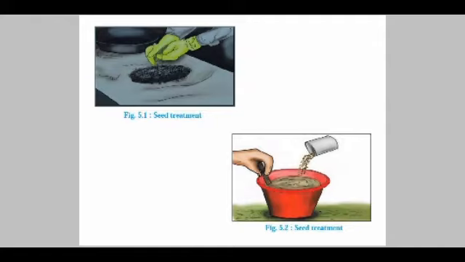The diagram shows the seed treatment, in which the whole seeds are treated with chemicals and some are grown in a liquid medium for proper treatment.